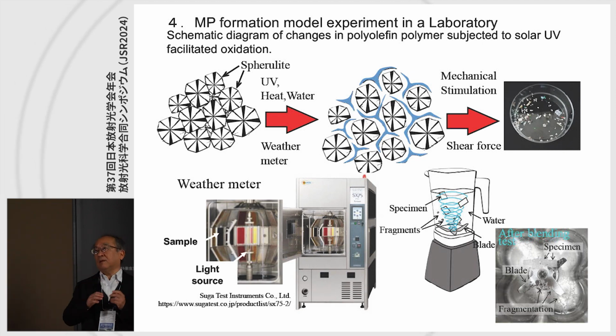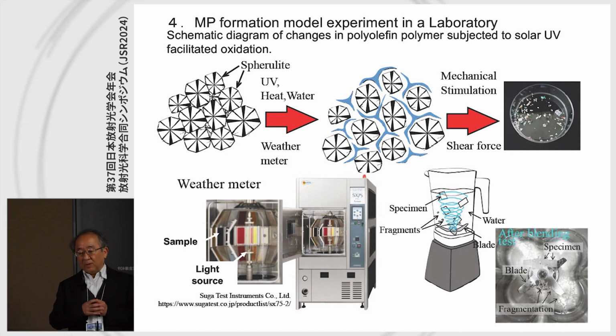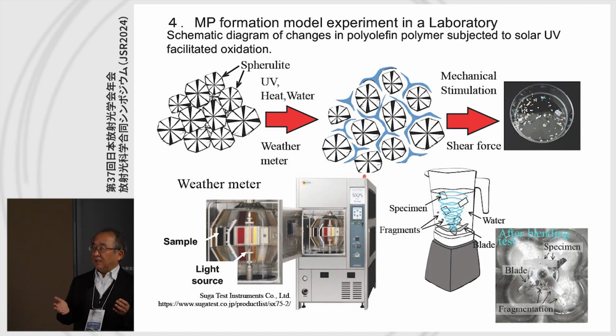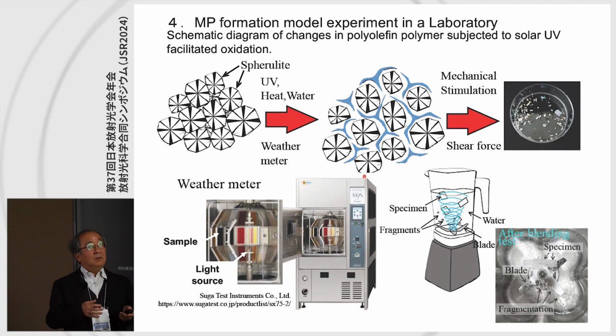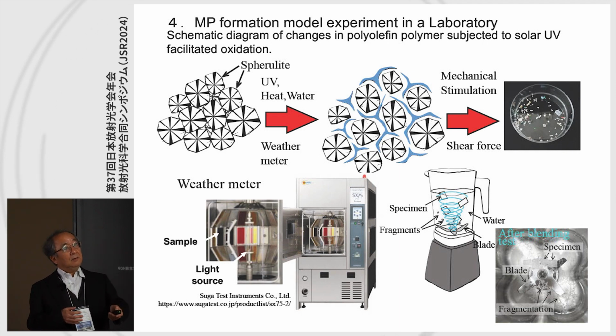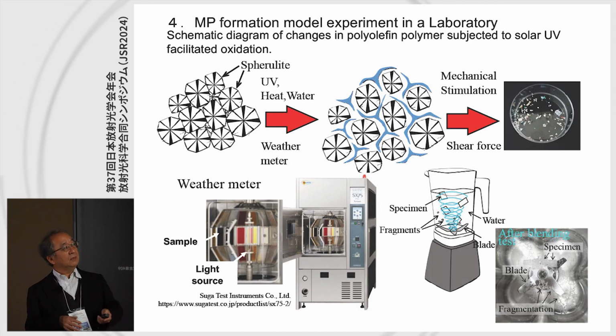We try to simulate the microplastic generation in the lab, because we need to screen how easily microplastics form from new plastics. We give sunshine to these plastics and then fragment them with a blending machine. We call it a blender.